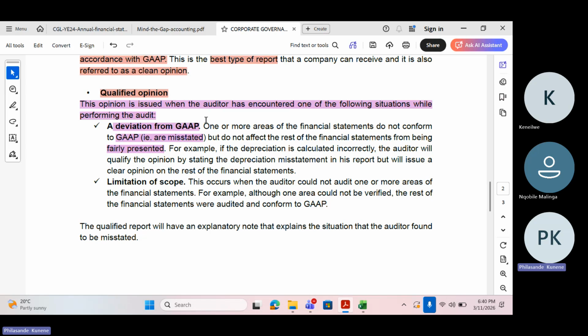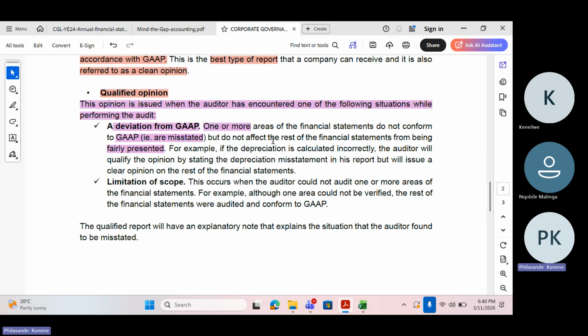One or more areas, which means it can be 1, it can be 2, but all others are correct. There is no material misstatement in all other line items. Maybe one or two issues we found as auditors where the numbers are incorrect, materially misstated by more than 60,000 or 70,000, 80,000, 100,000, 2 million.